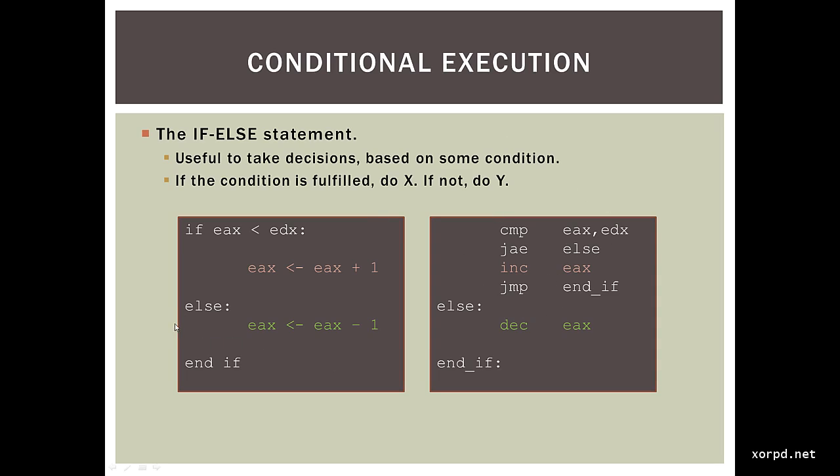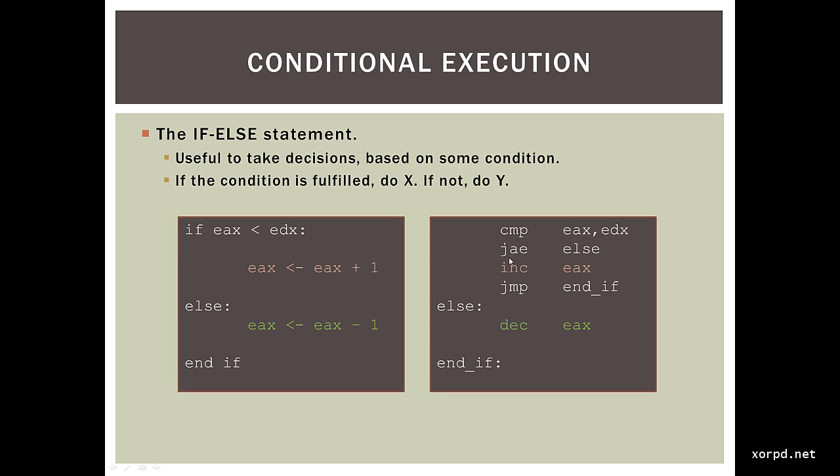If we didn't want to have an else clause, which is possible, maybe we only want to check if EAX is smaller than EDX, and if so, we just do this part, and we don't have the rest of the else clause. If we actually want to do that, then we could use only one jump instruction.